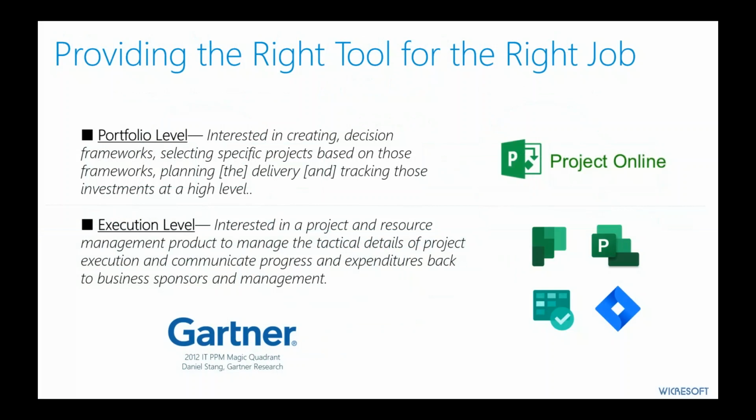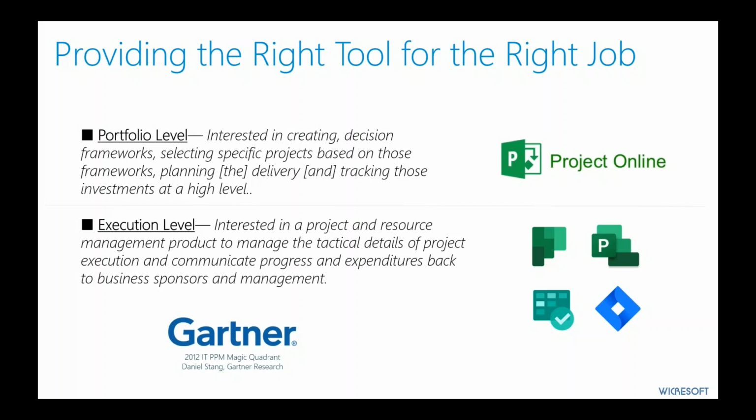Gartner has already spoken about this. They've indicated that we do need absolutely to provide the right tool for the job at hand. And at the portfolio level, clearly Project Online is the de facto standard, the tool for use for delivering on portfolio level decision-making, strategic themes, and enterprise reporting.